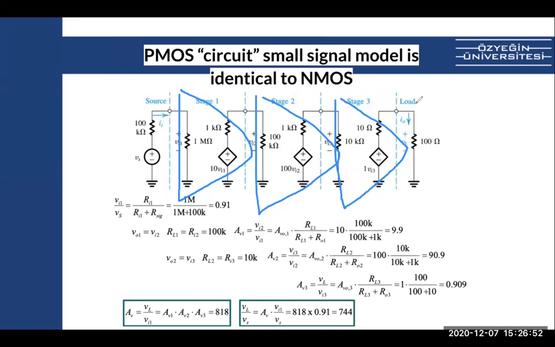So when you cascade these three amplifiers, for instance, you just do the same thing, AV1, AV2, AV3, right? But you also need to care about this resistor and this resistor. So you have to do the resistive division, just like we did in the previous lecture. It actually looks complicated, but it's not at all. You just do a bunch of multiplications to find the gain, okay?